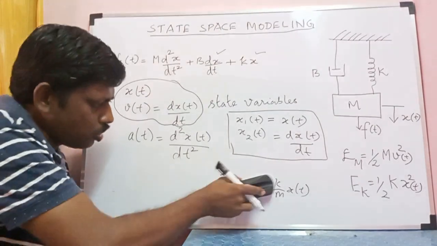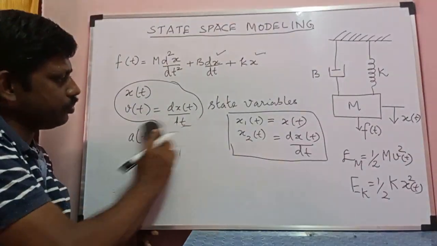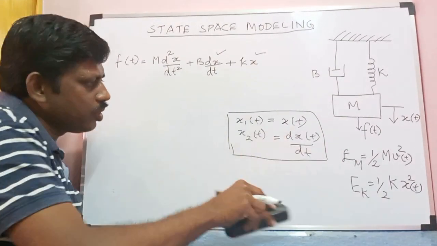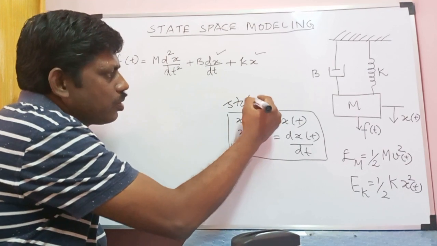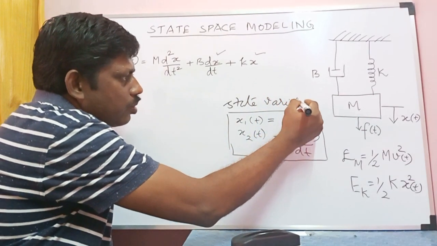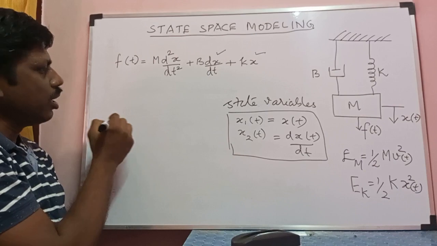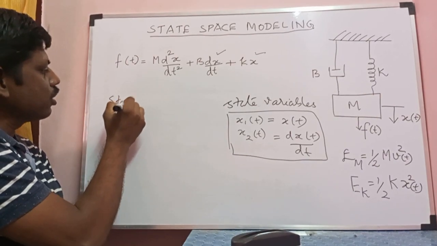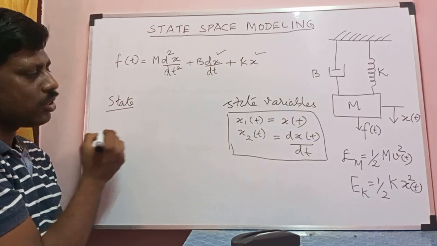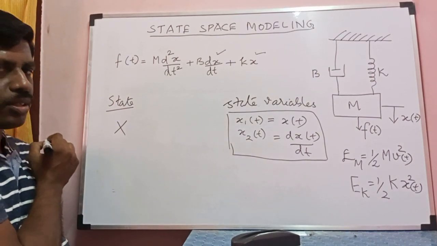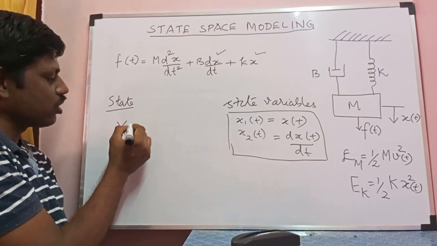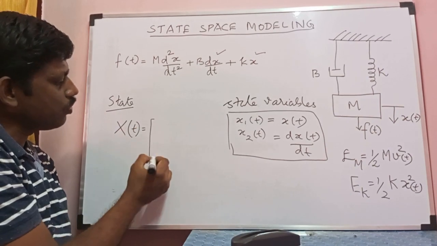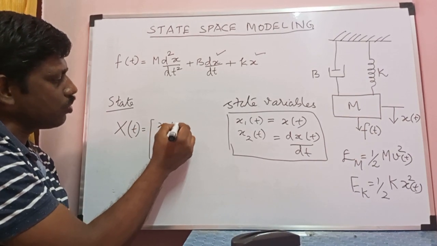Now I am going to talk about something called the state. These are state variables, and let me define what is meant by a state. The state is usually represented by capital X. X of t is a set of all the state variables.